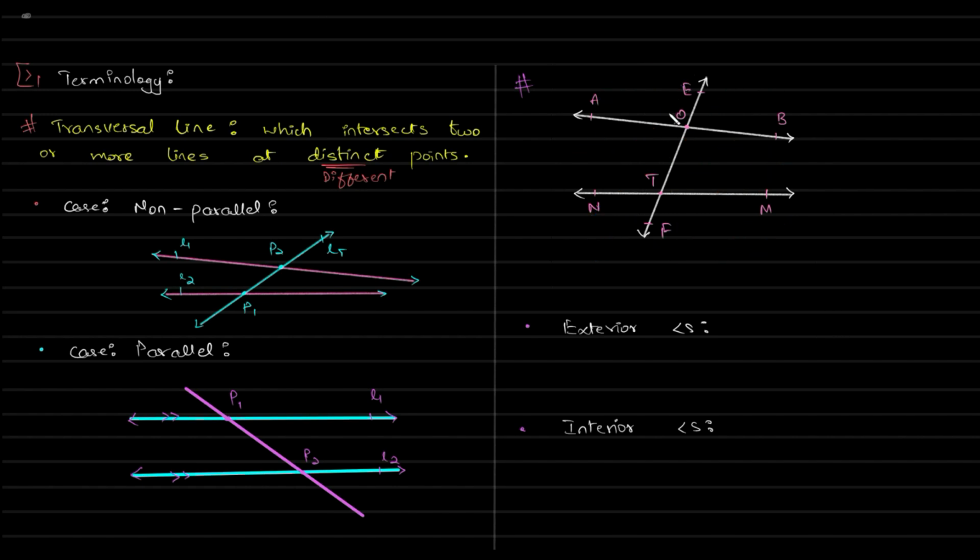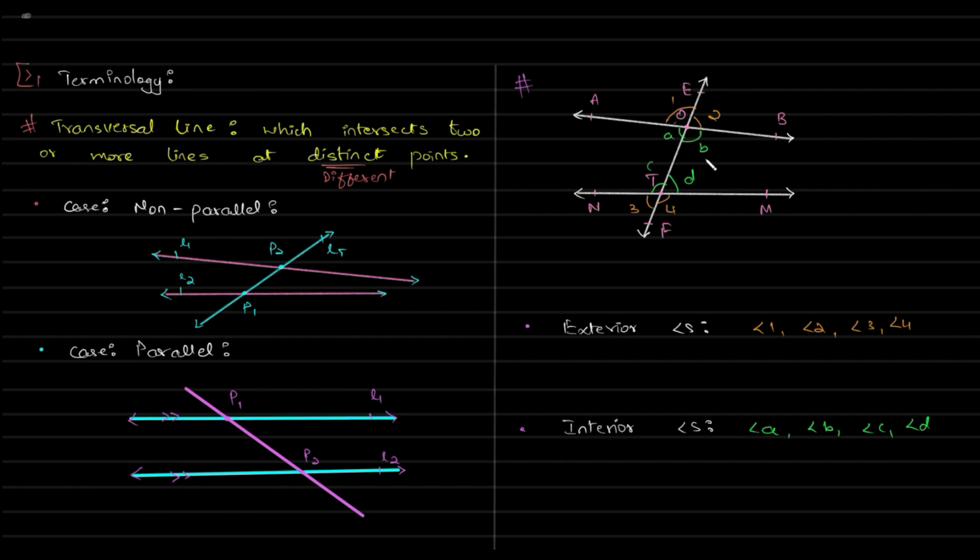Now exterior angles over here, I'll name them angle 1, angle 2, angle 3 and angle 4. And interior angles are angle A, angle B, angle C and angle D. And you can see this is not two parallel lines.